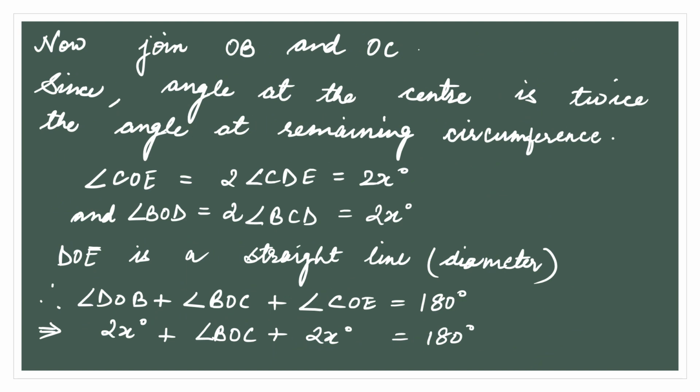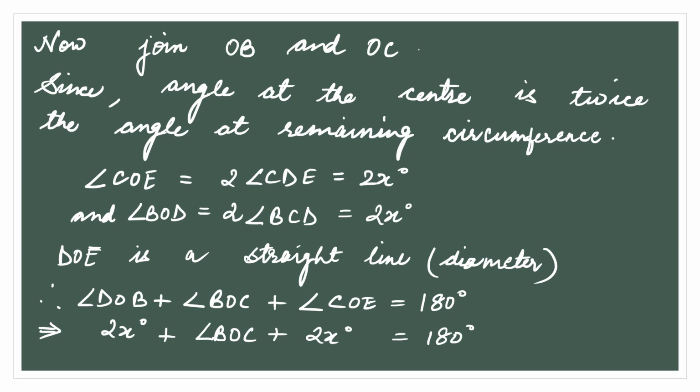Let's see. We have joined OB and OC, and since the angle at the center is twice the angle at the remaining circumference, angle COE is equal to 2 into angle CDE, which is 2x degree, and angle BOD is equal to 2 into BCD, which is 2x degree. Now DOE is a straight line diameter.